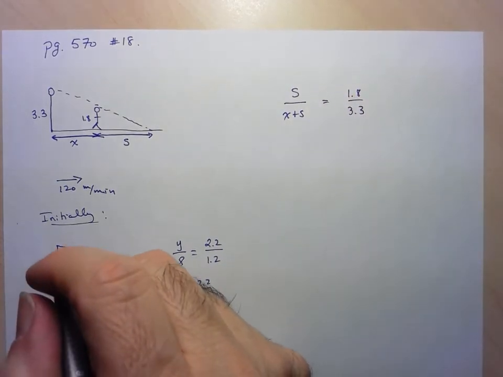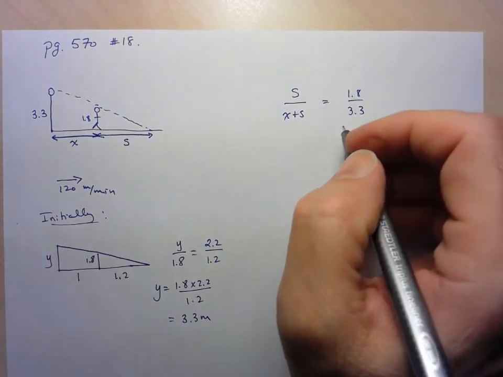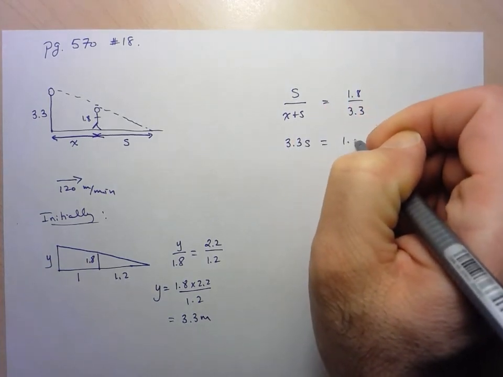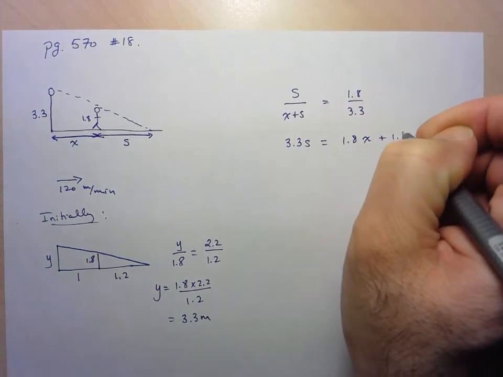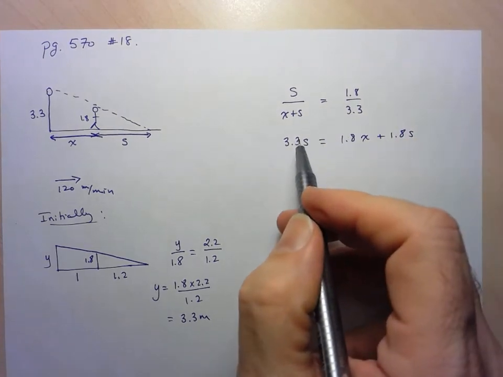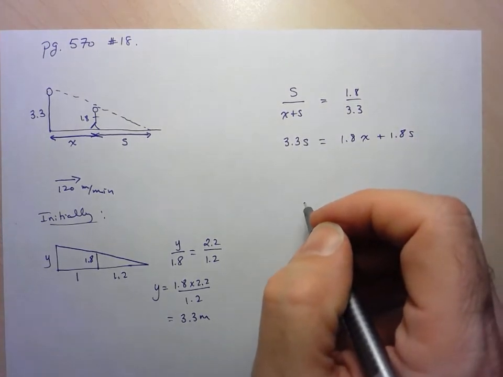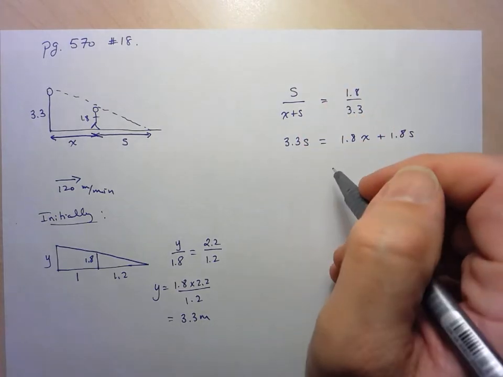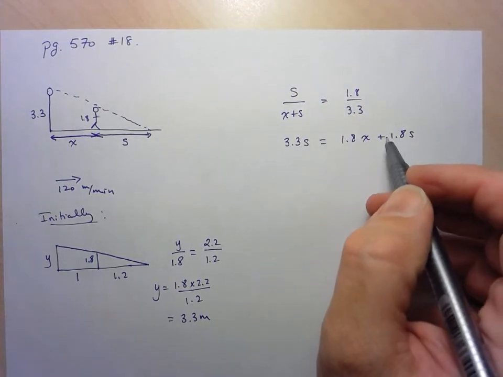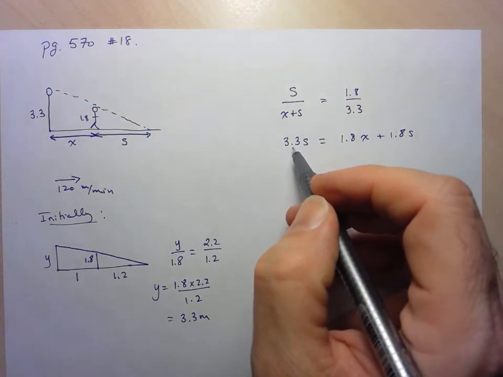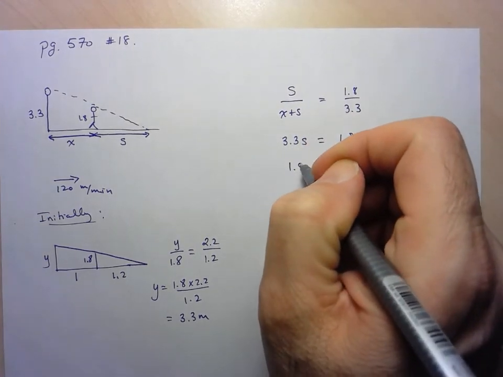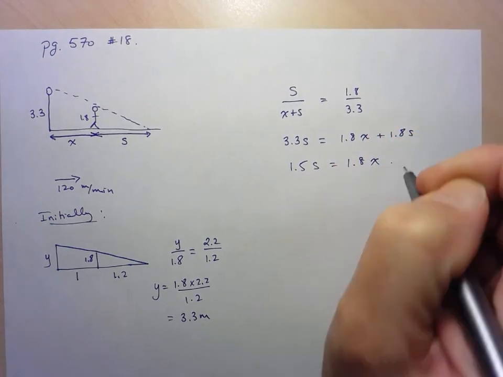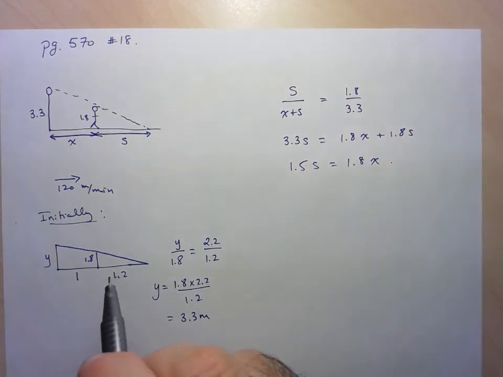There's a pretty easy equation to simplify here. We've got 3.3s equals 1.8x plus 1.8s. Let's bring that to the other side: 3.3 minus 1.8 is 1.5. Sorry about that. So we have 1.5s equals 1.8x, and this is a nice relationship between my two variables.